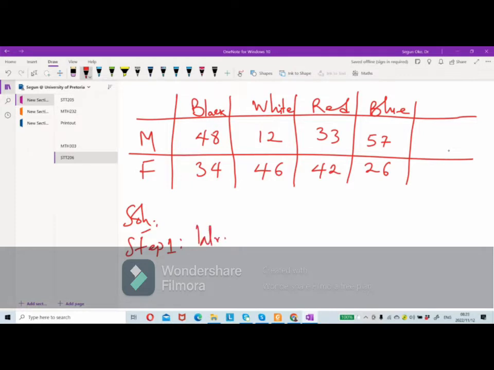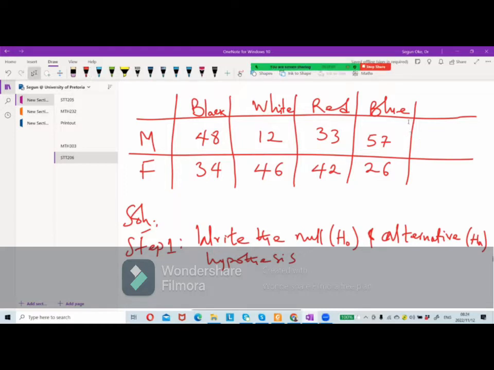Write the null, which is H naught, and alternative, which is HA, hypothesis. So how do we write the null hypothesis in this case?